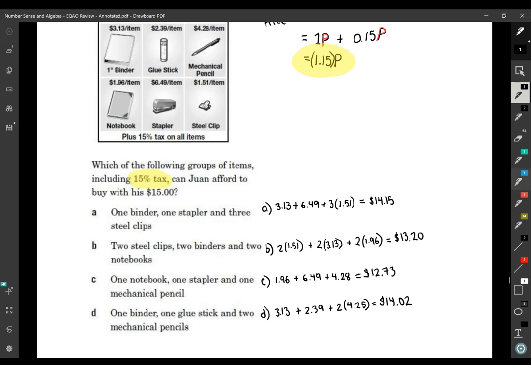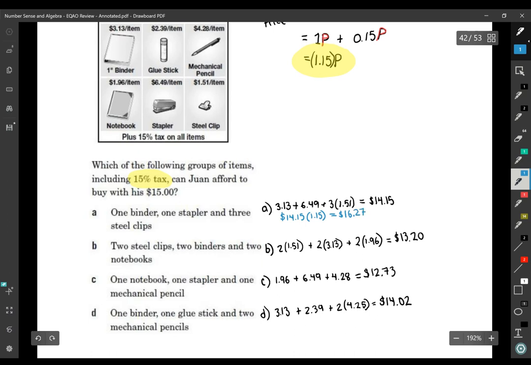If I want the after-tax price, what I have to do is take 14.15 and remember, times 1.15. That gives me the after-tax price. So 14.15 times 1.15, I'm going to get $16.27.